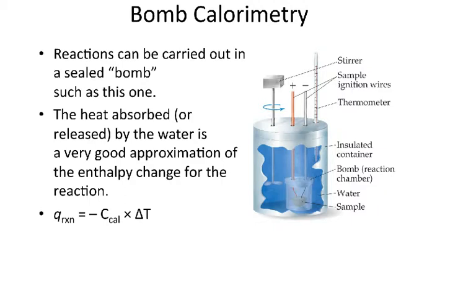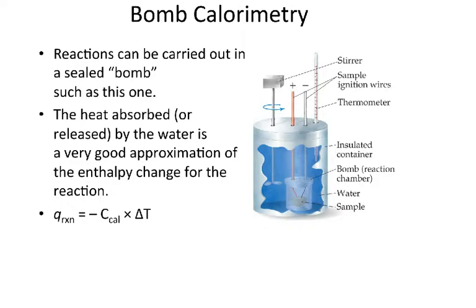Before I defined enthalpy, I had mentioned that there were two experimental ways to look at the heat transferred or given off in a particular reaction: bomb calorimetry and coffee cup calorimetry. We said bomb calorimetry was at a constant volume.